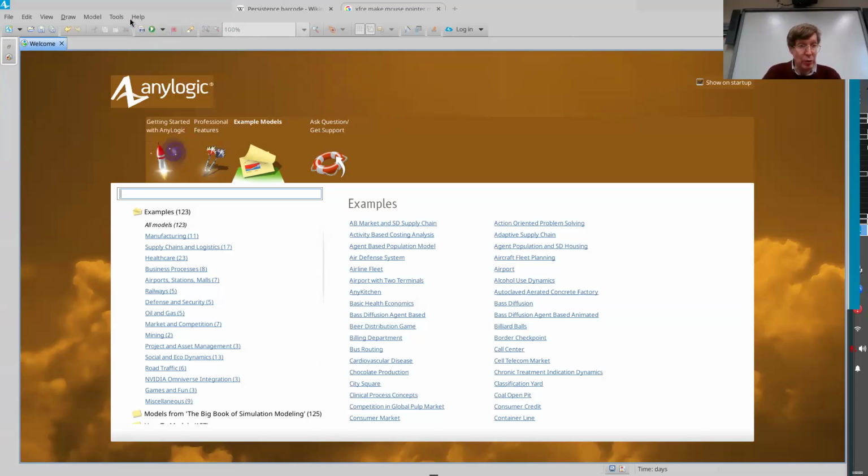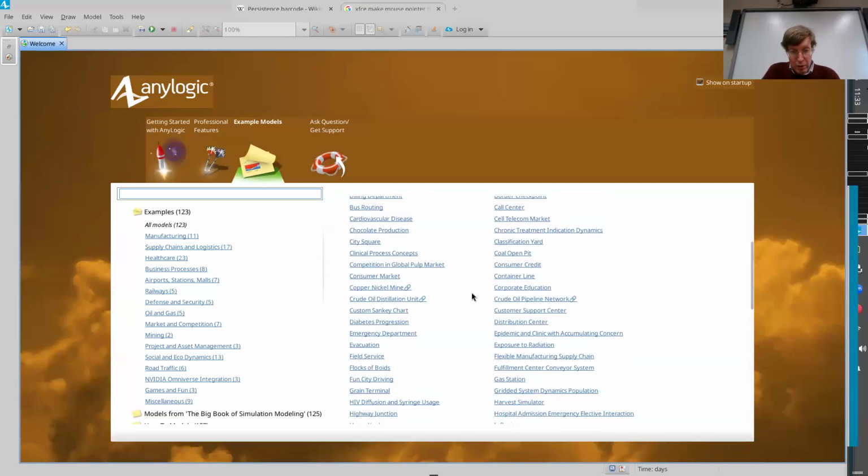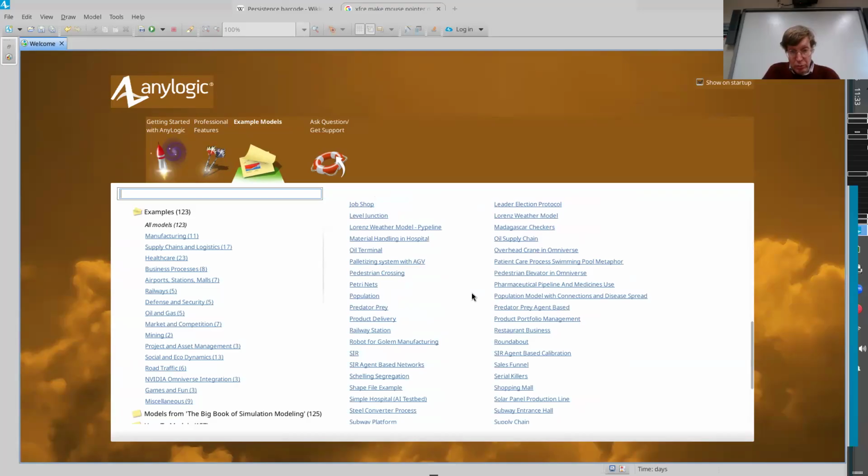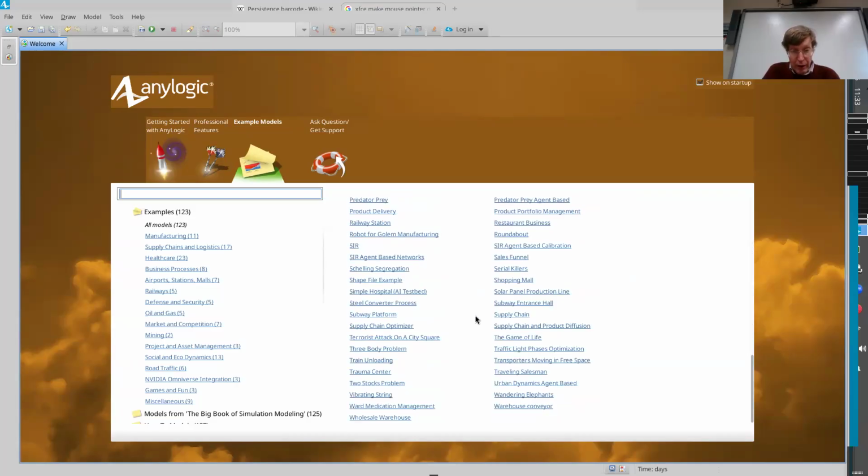It's possible it will show you this welcome screen when you are bringing it up. If it doesn't, you can go to Help, Example Models, and it will allow you to see this set of example models, some of which we've provided the key contributions.